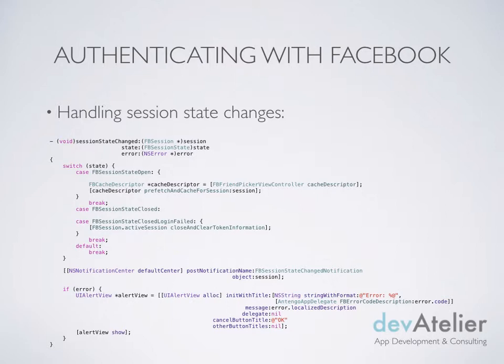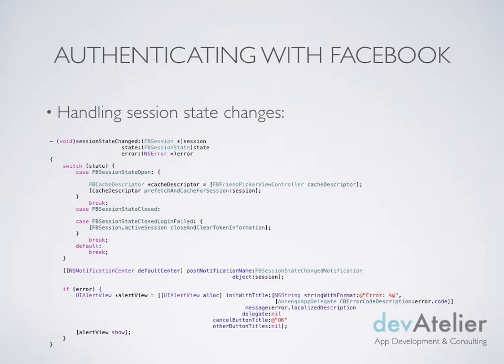This switch statement is basically a copy paste from Facebook's documentation, but the idea is if the state is open, if it's a valid session, then cache the session information or get related stuff I need. If the session got killed or the login failed, then you want to try to close it, clear the token information, and get it again. So you just call close and clear token information on the Facebook session object.